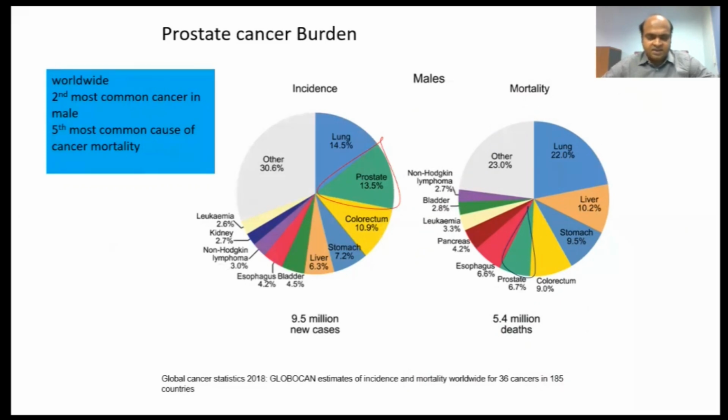If you see the left-sided image, you can see prostate cancer forms around 13.5% among all the cancers worldwide in males. However, in India, this is the 5th most common cause of prostate cancer related mortality.